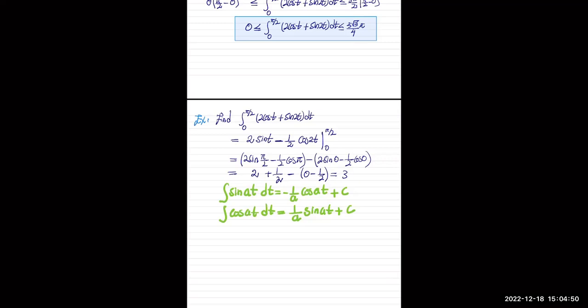Let me calculate 3√3/4. 3 times √3 divided by 4, and then we need to times that by pi. Okay, this is about 4. So the value of the integral being 3 is between 0 and 4.